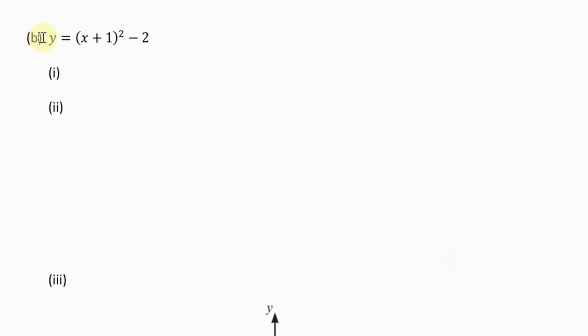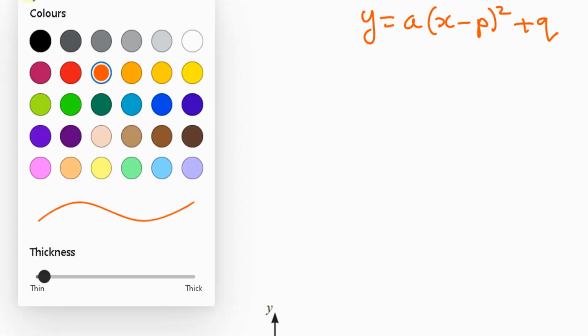Let's look at B. We're given this equation. Now, once again, this equation is in the form y equals a into (x minus p) all squared plus q. In other words, it's in completed square form. And we need to say whether the graph that represents this equation will have a maximum or minimum value.